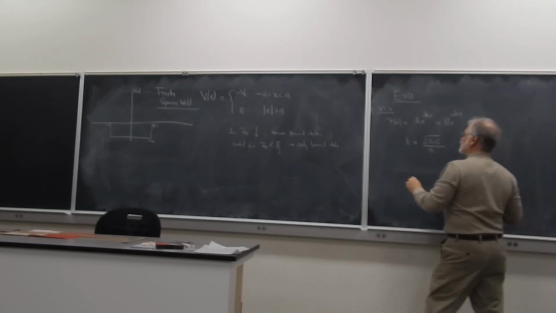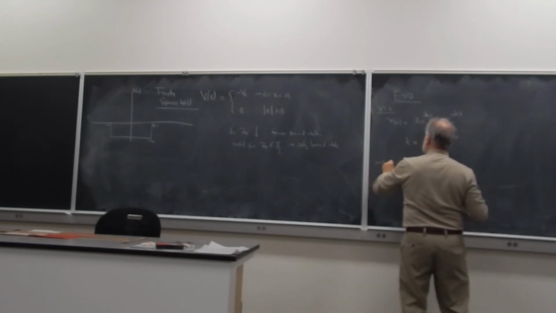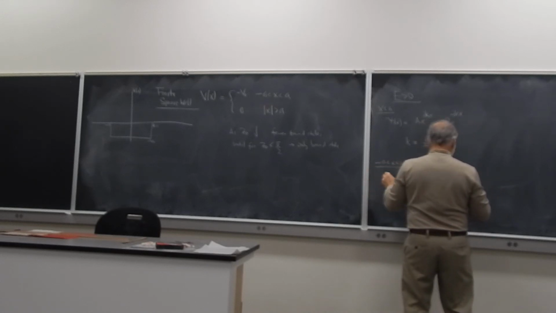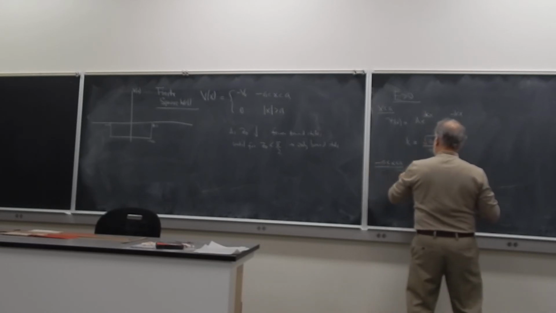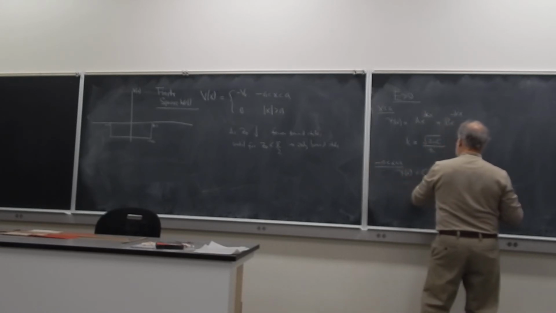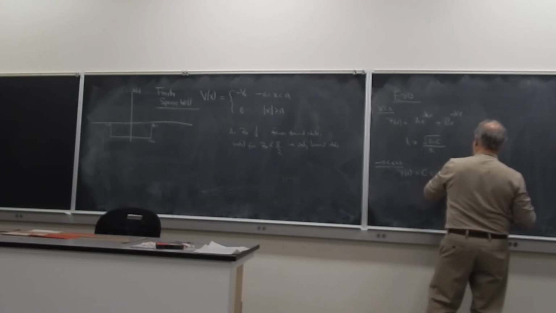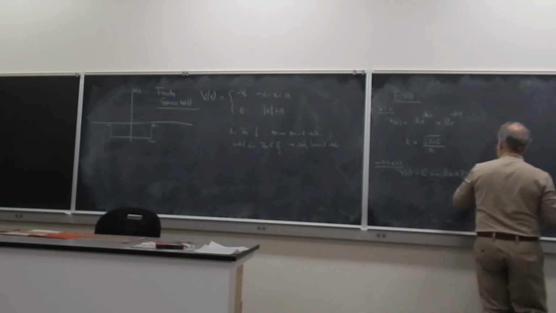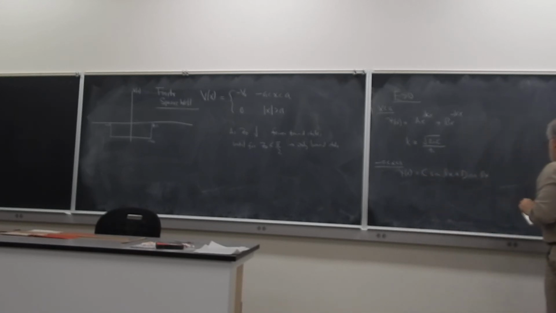If I'm inside the well, so minus a less than x less than a, then I'm going to find that psi of x is equal to C sine Lx plus D cosine Lx, where we define L as the square root of 2m(E plus V0), all divided by h bar.